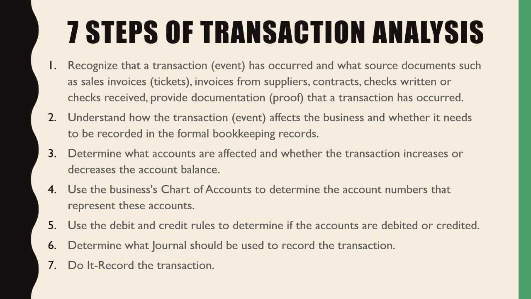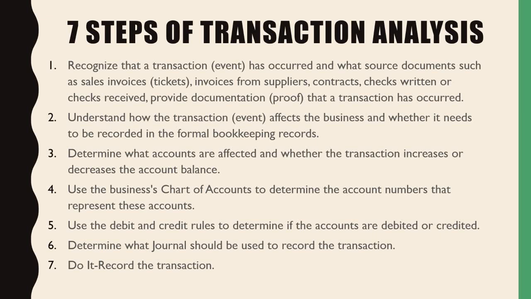Did I purchase inventory, which is considered a current asset? Did I get a loan? How does this source document, with that proof that a transaction has occurred, affect my business? That's where you have to analyze what accounts you are going to maybe predict to use for understanding how to organize the rest of your transactions. So understanding what accounts are going to be affected.